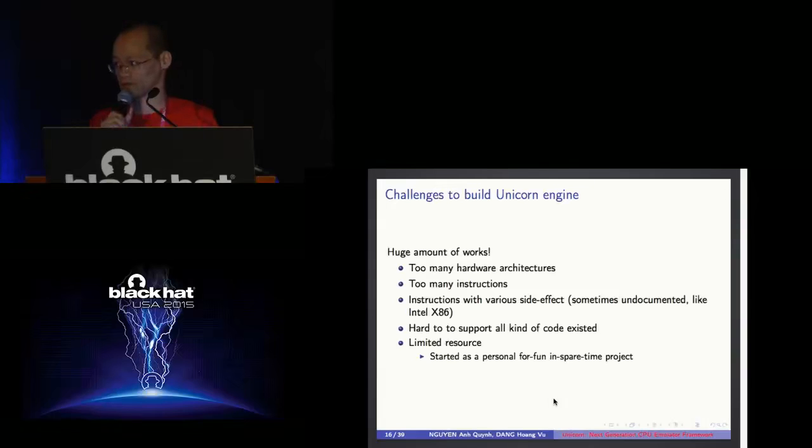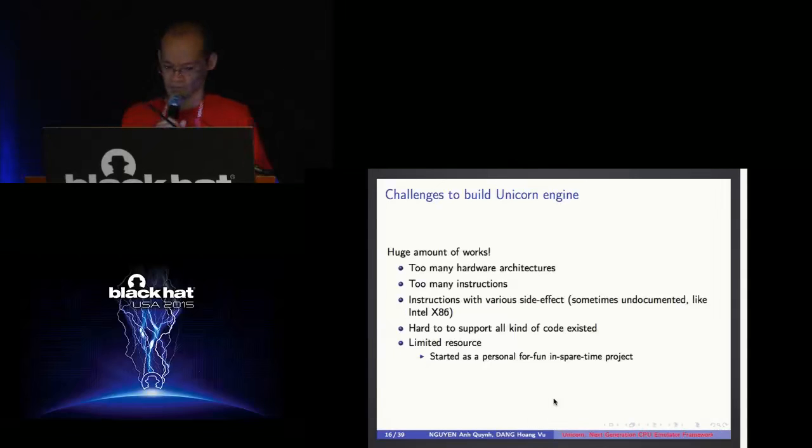You want to emulate everything, it takes a lot of time. And instructions might have many side effects, so it's very hard and takes time to properly emulate them. And finally, we have very limited resources. Because Unicorn started as my personal project, I can only do this in my spare time. So you can see, how is it possible?